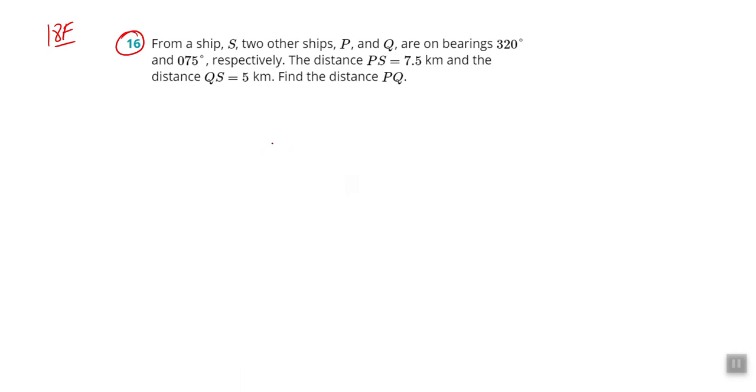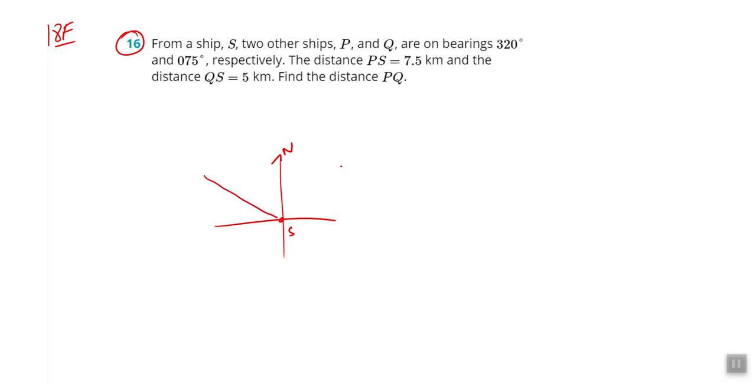So let's draw a compass. I've got my ship S here, and we've got two other ships relative to ship S. One is 320 degrees, which is P from the other ship. So 320 degrees is roughly over here.